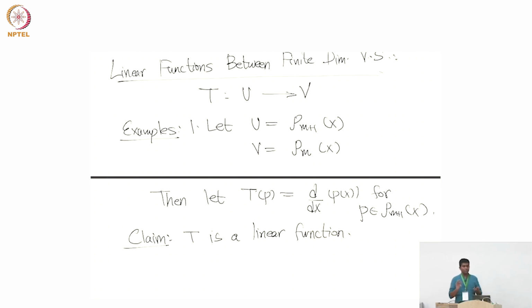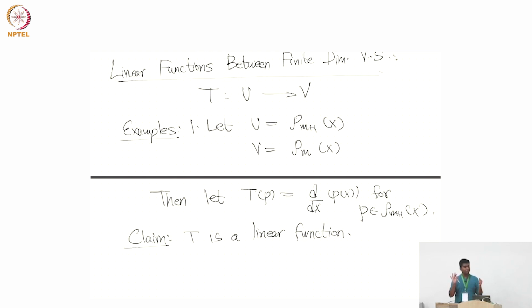Why is T a linear function? All of us have some background exposure to calculus, and differentiation is a linear function. The derivative of f plus g is the derivative of f plus the derivative of g. So this is an example of a linear function between finite dimensional vector spaces.